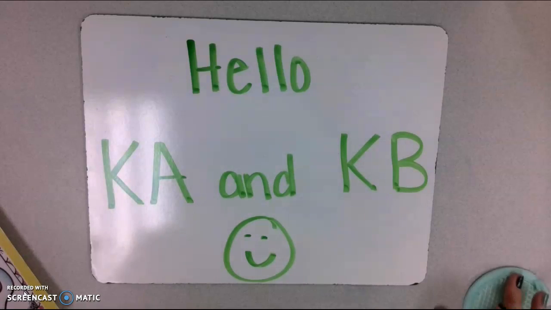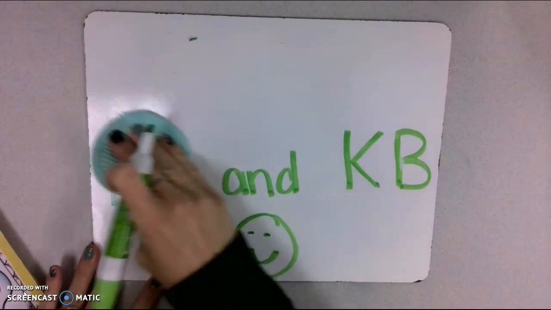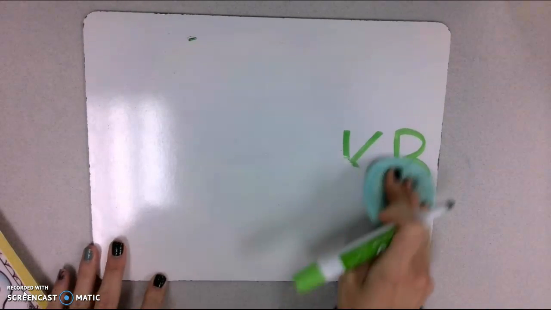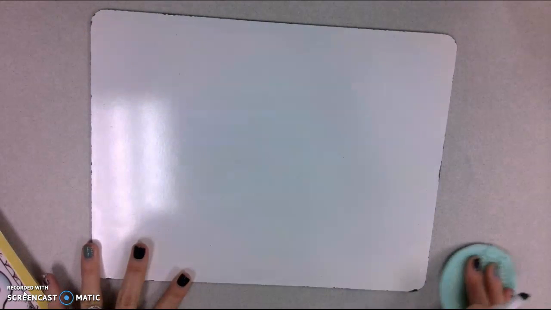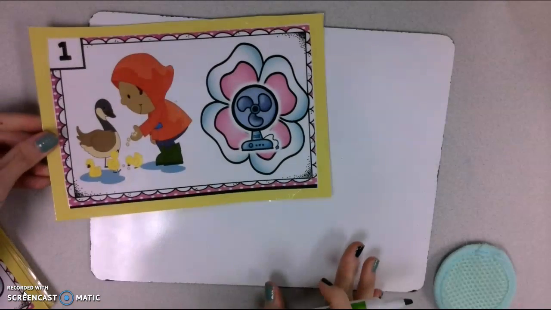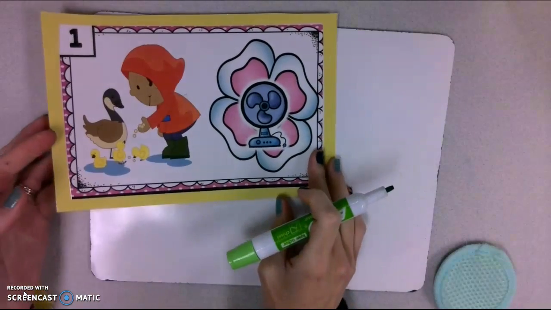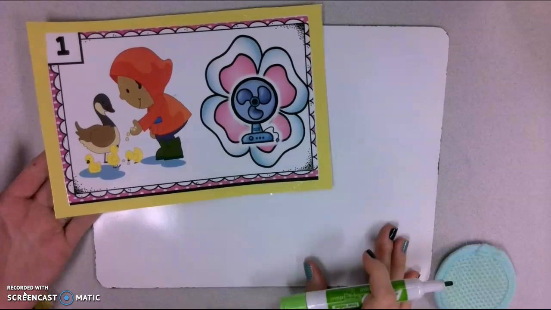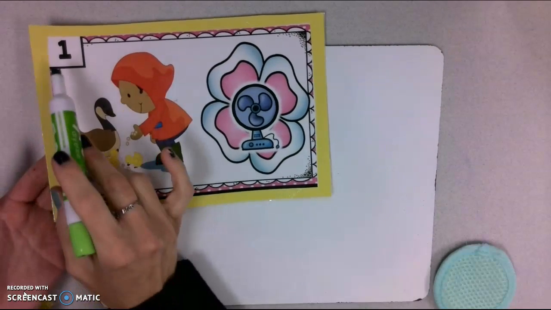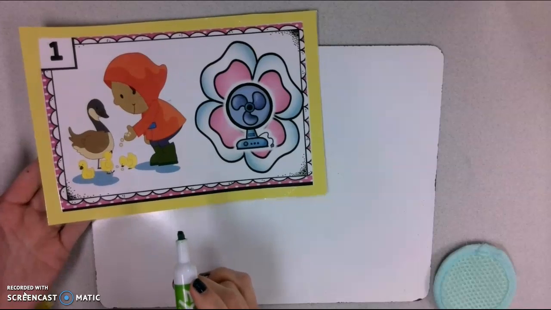Okay, to get started, I'm going to make sure that my board or my piece of paper in front of me is clear. Here we go. Now it's a spring CVC activity, so this is something that I would have up in our classroom for a Write the Room activity, and this would be the number 1 on our Write the Room activity.